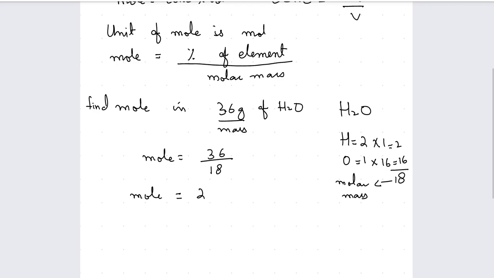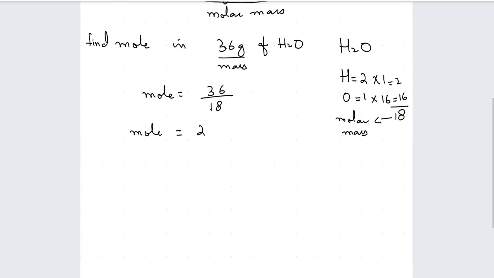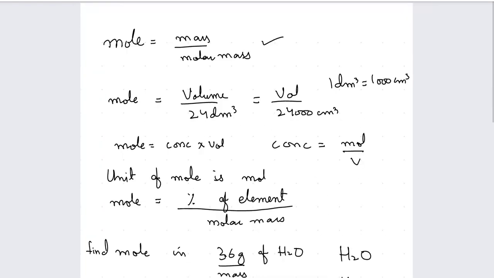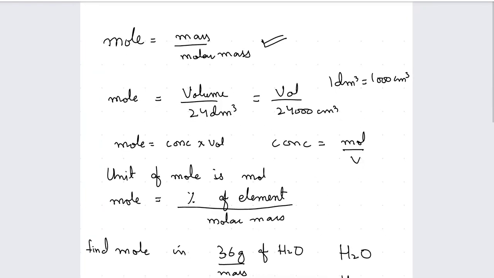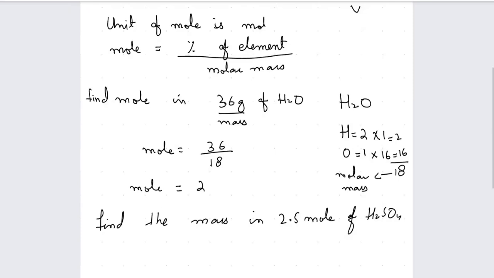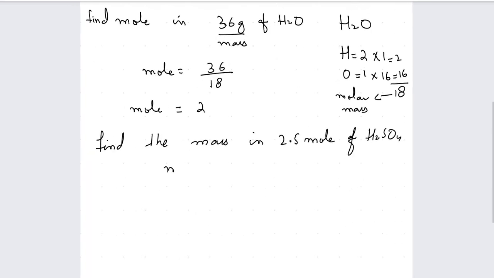Now for example, instead of finding mole, if the question is to find the mass in 2.5 mole of H2SO4, you again need to use this formula and rearrange it. How to rearrange?